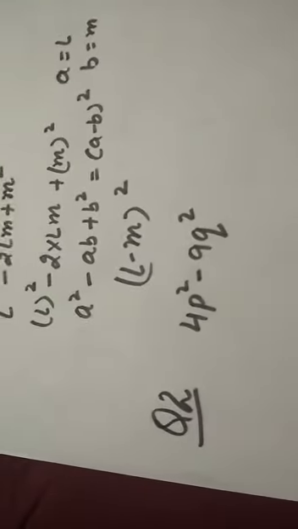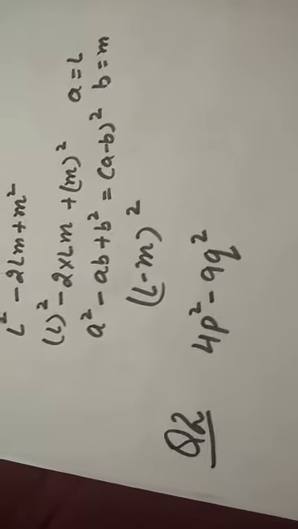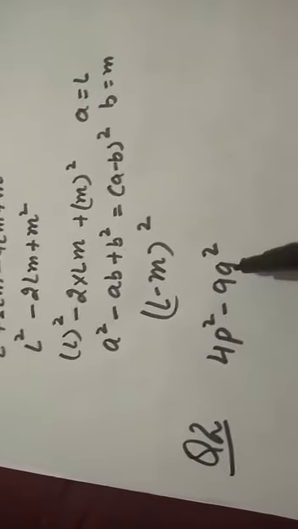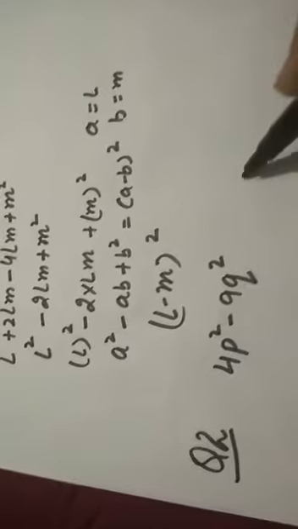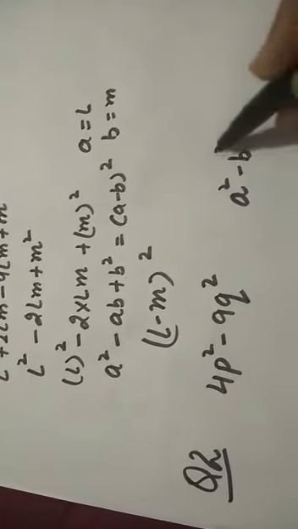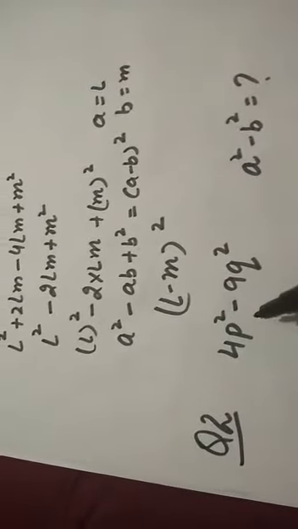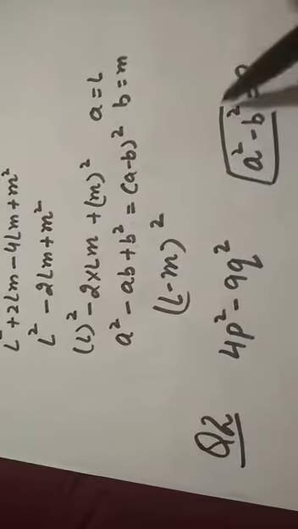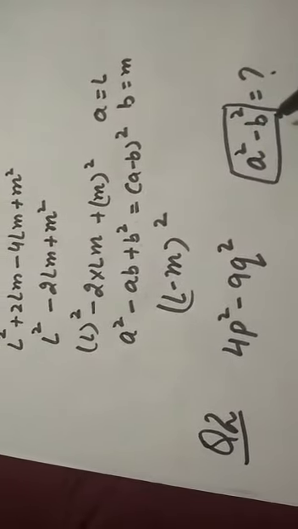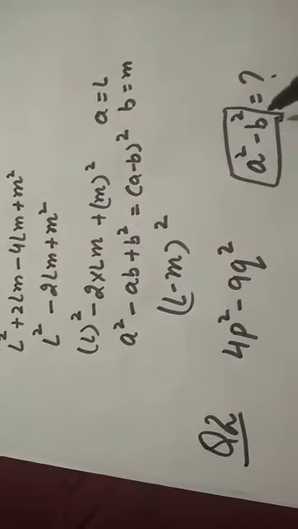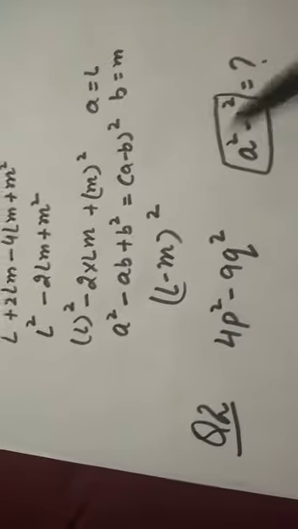Now question number 2. In this question we'll use the a square minus b square identity. Now just see, there are only 2 terms given to you. So here the a square minus b square identity will be applicable. Now we'll check if this is according to the right hand side of the identity, if it is applicable on this or not.